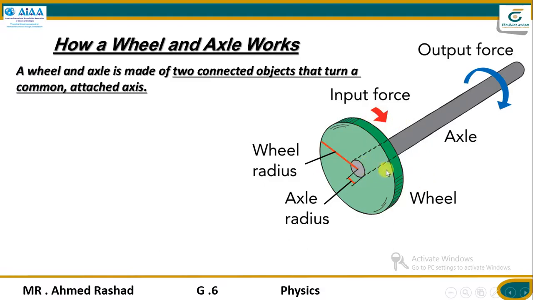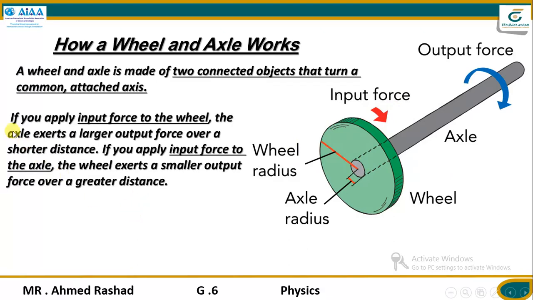And for this work we have important rules. We have output force and input force. Input force in this direction and output in this direction. You can observe that it's the same direction.